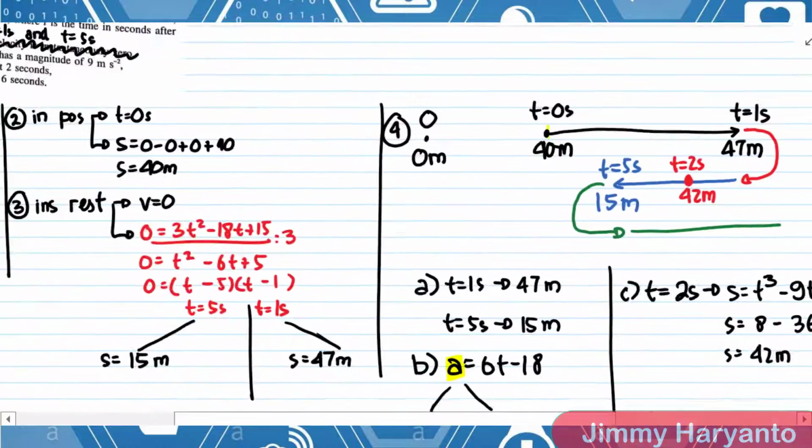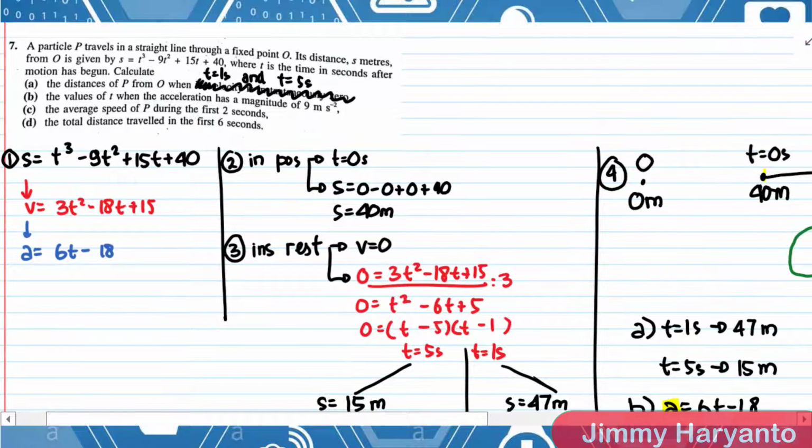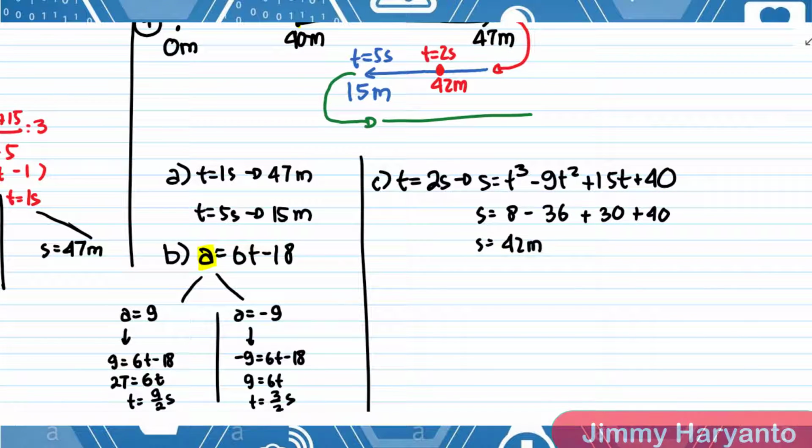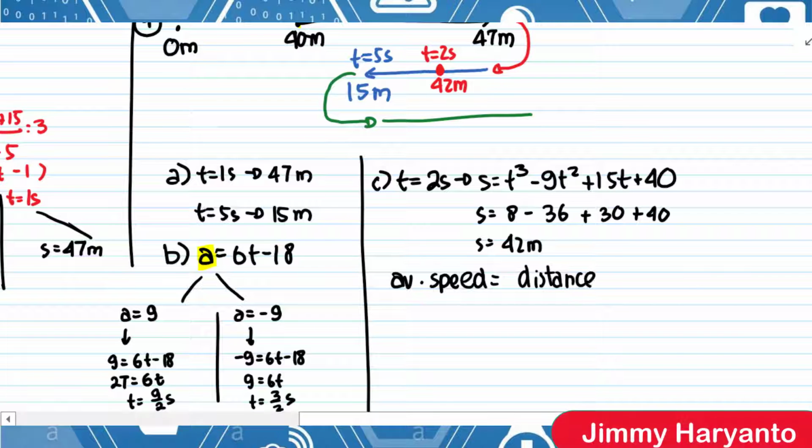Next is to find the average speed of the particle. Average speed means total distance over time.